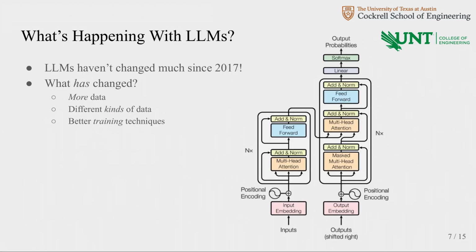And this is the part where I talk about the other research interests that I have, which is outside of material science. This is my way of shoehorning this in. Large language models act pretty similar to this situation. Large language models haven't really changed much since 2017.